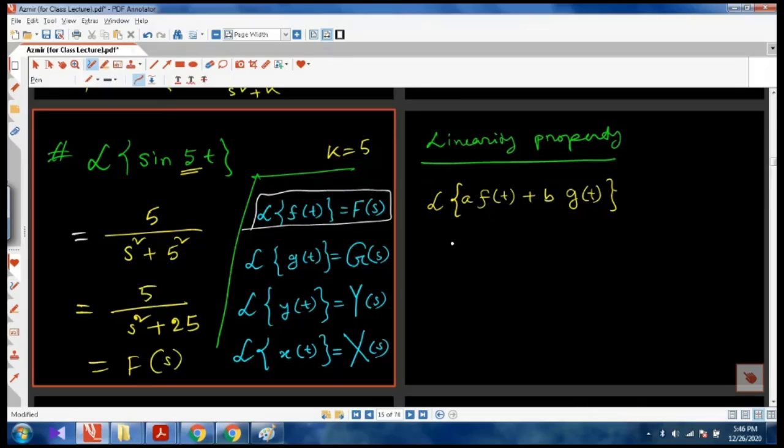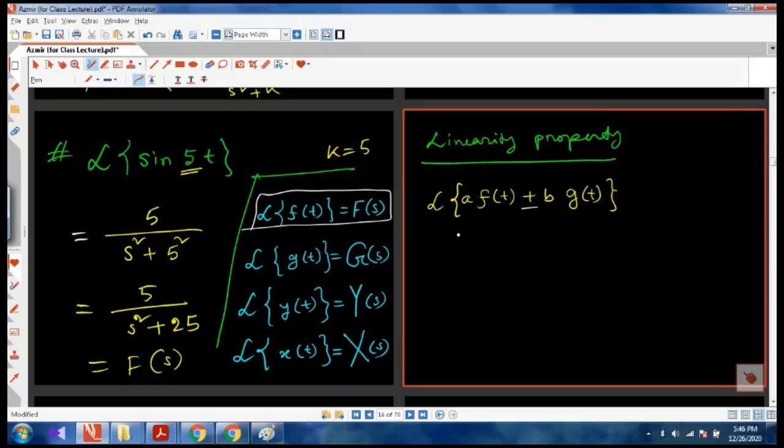So now the Laplace transformation of f of t is F of s. So the Laplace transformation follows the linearity property. Linearity property means if we have a summation or subtraction, then we can write it this way.